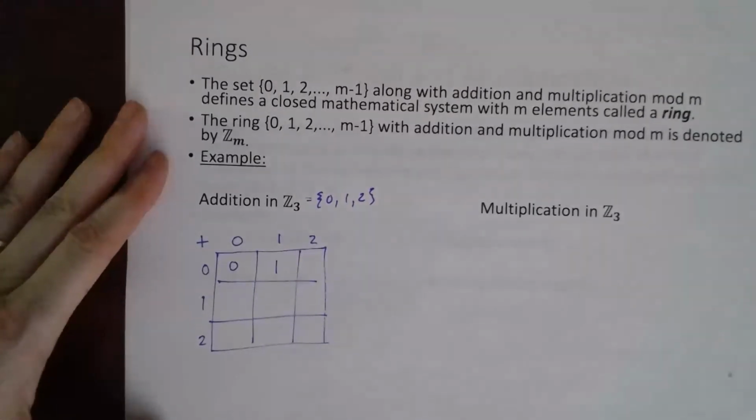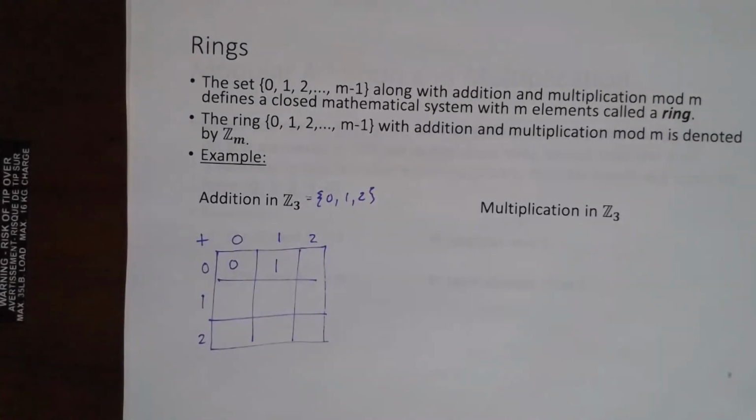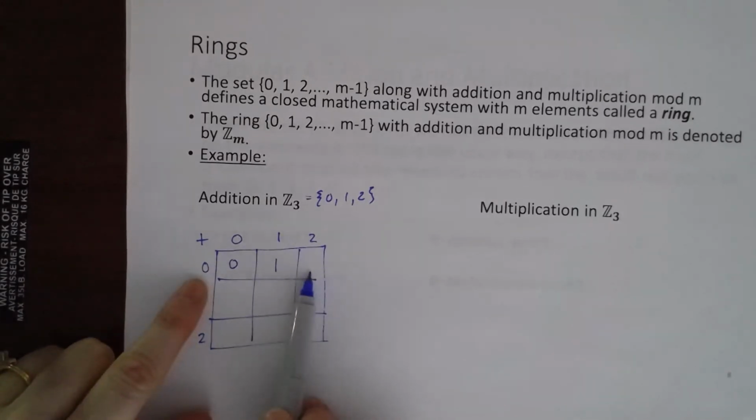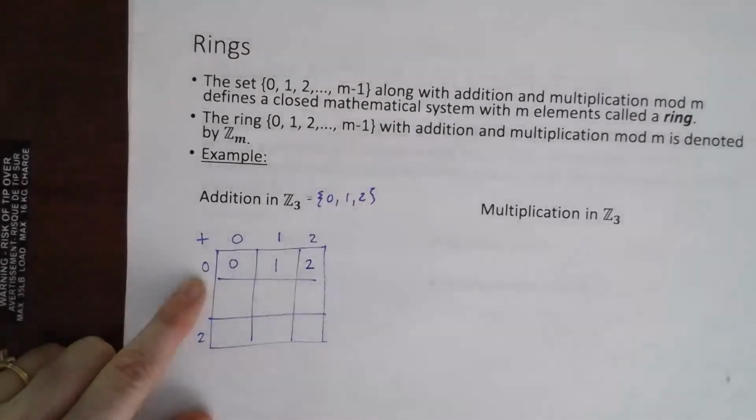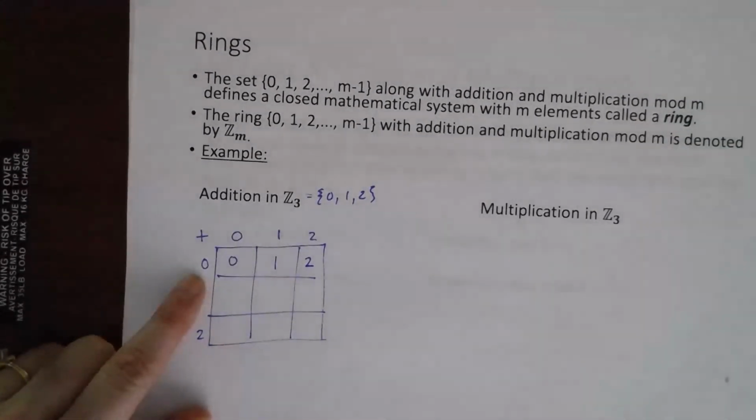I know, you have to wrap your brain around it. Okay, let's try another one. 0 plus 2, and 2 mod 3. 3 goes into there 0 times with a remainder of 2.